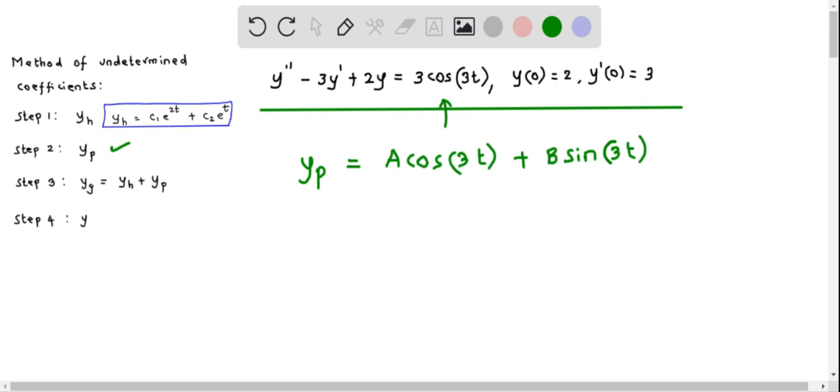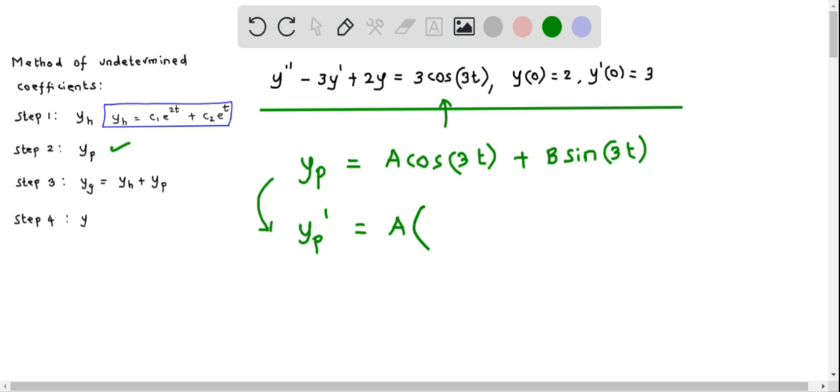Since the differential equation involves a first derivative as well as a second derivative, we also find the first derivative of this particular solution as well as the second derivative. First, let's find the first derivative. This is yp prime, and we have to find the derivative of a cosine 3t. So we put the constant a.